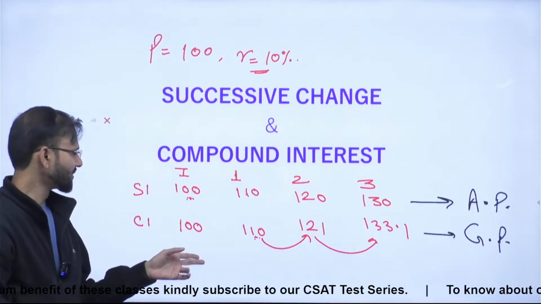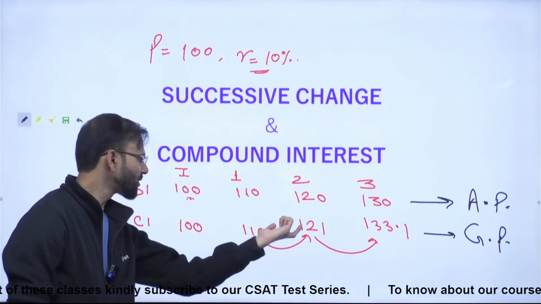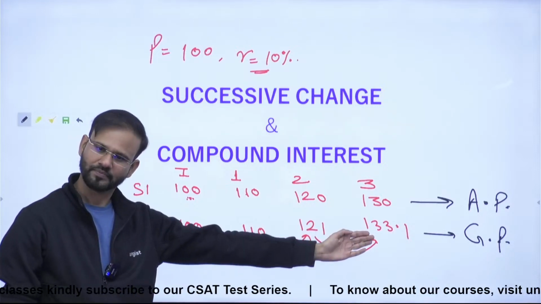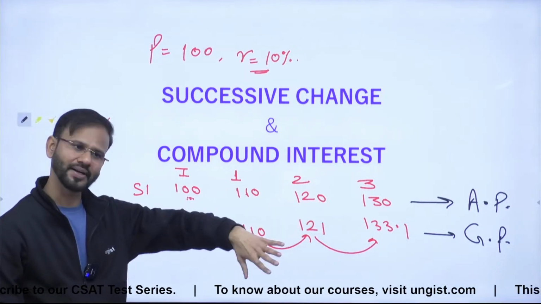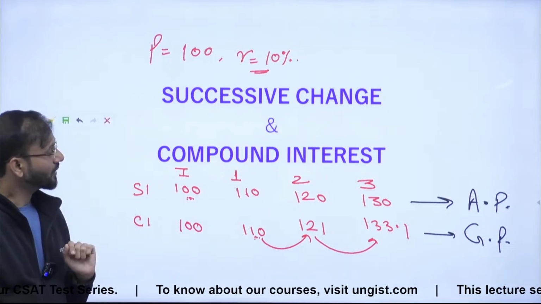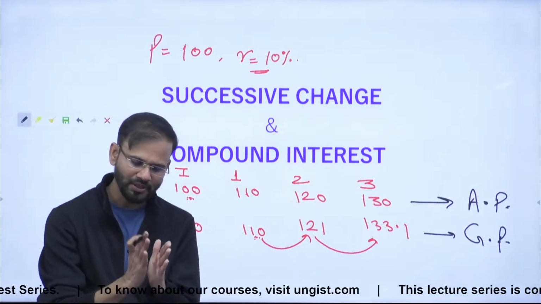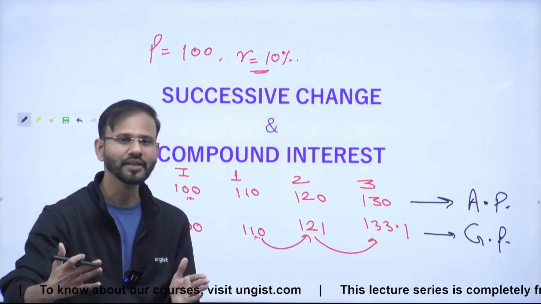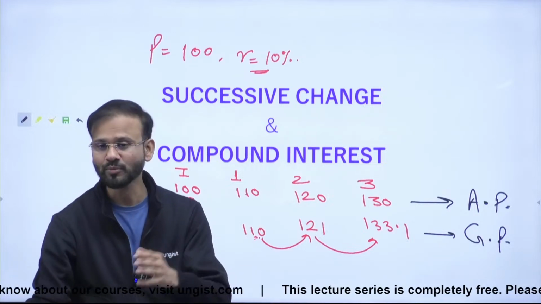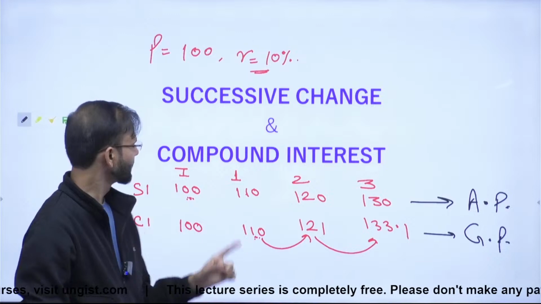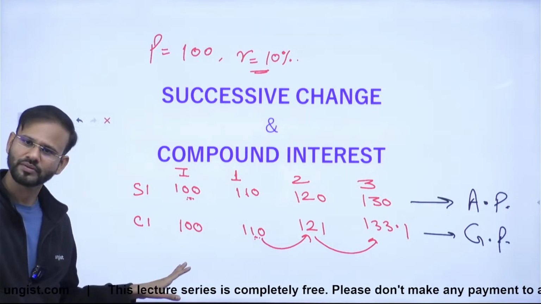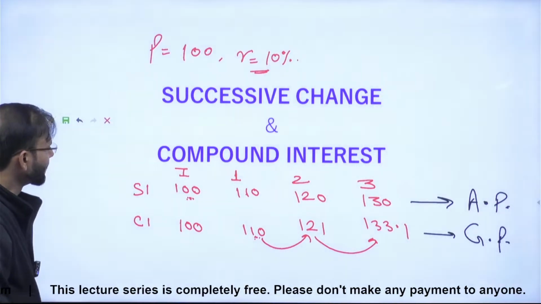Because in geometric progression, the ratio between two consecutive terms is always the same. Right? So, in simple interest, the principal moves in AP, and in compound interest, the principal moves in GP. As it is clear. Everybody fine now? Right? Okay.